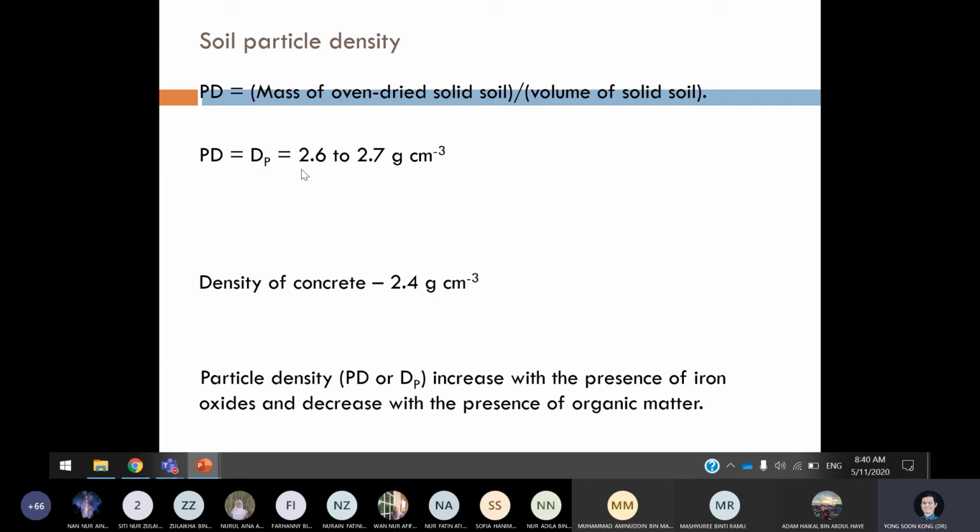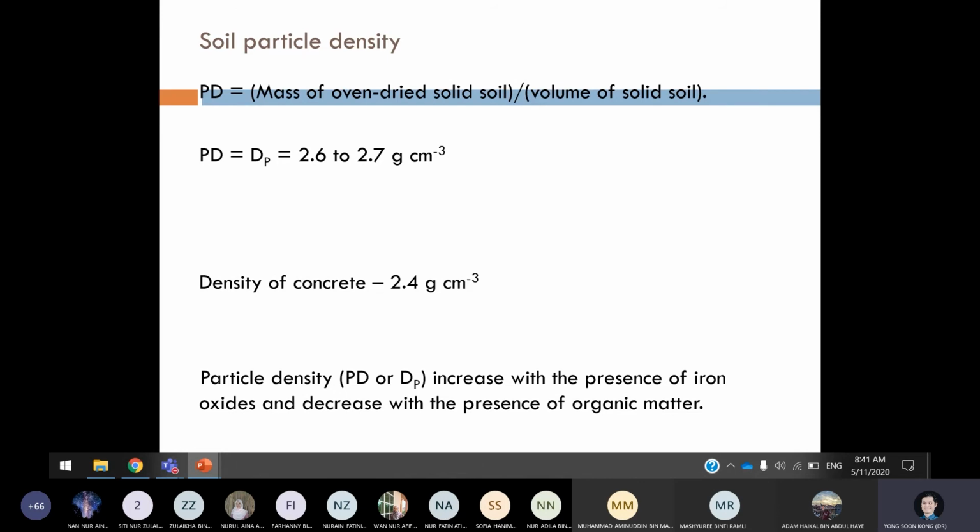Particle density of between 2.6. No, it's not just 2.6, because why? It depends on how dense the soil is, because some soil may be denser due to a higher percentage of rocks. If you have more mineral phase like sand inside there, then the particle density might be a bit higher because they are more dense.